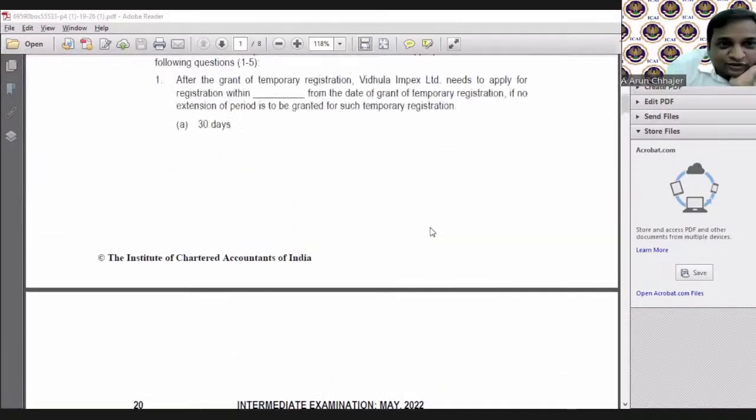What is the question? After granting the temporary registration, Vidula Impacts needs to apply for the registration from the date of the grant of the temporary registration if no extension is to be granted for such temporary registration.